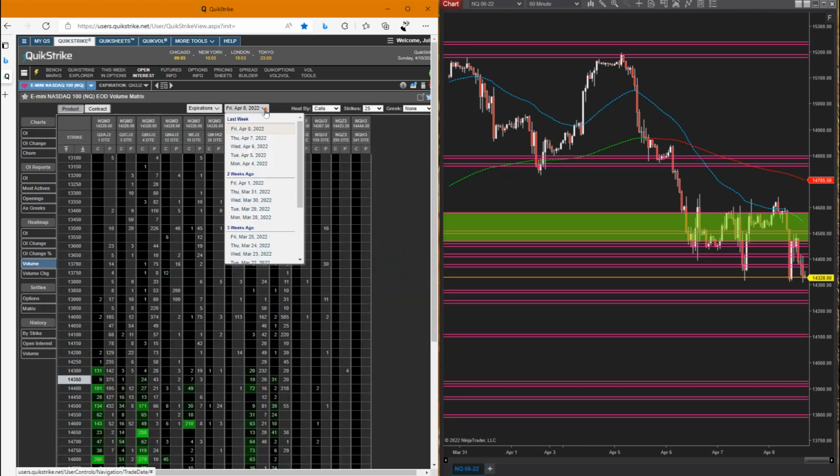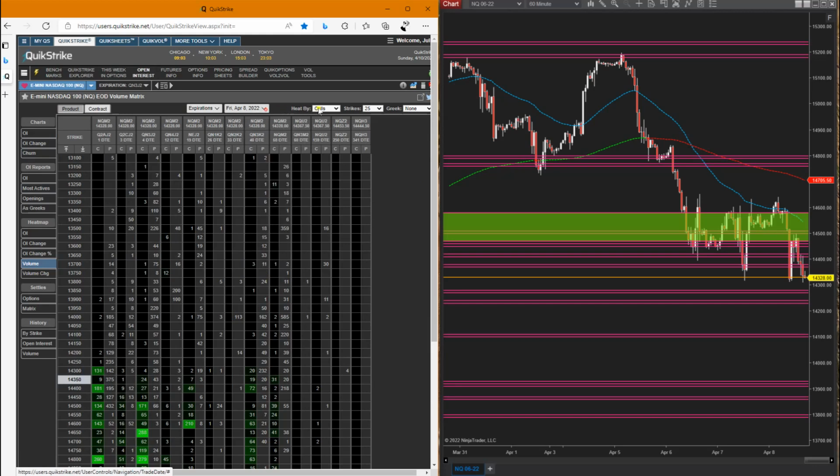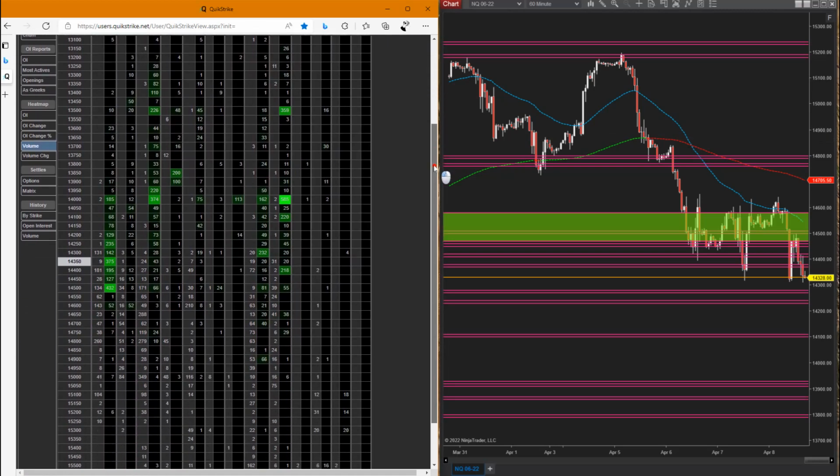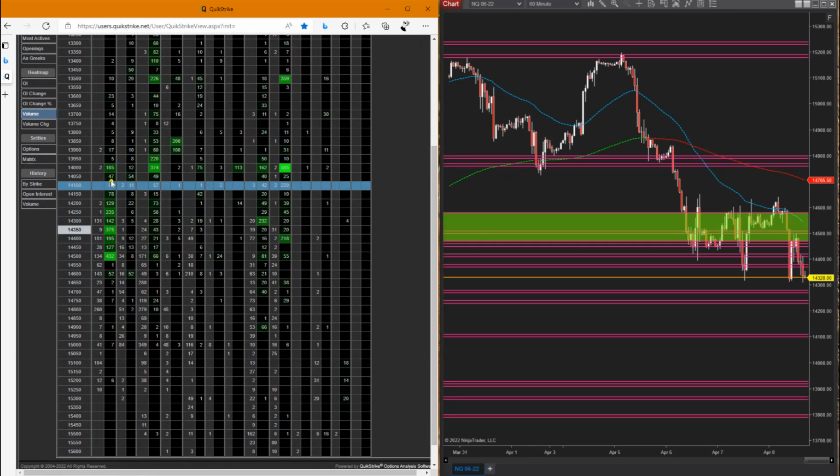And if we just want to look at the puts, we can change this to puts and take a peek at what's coming up. We're right here at 328, right here.